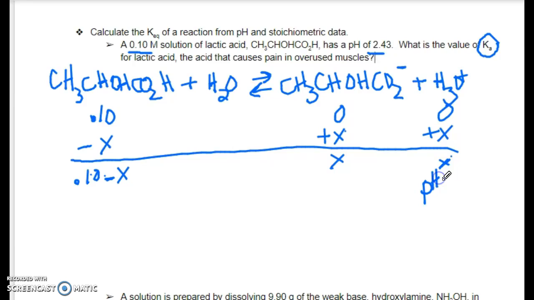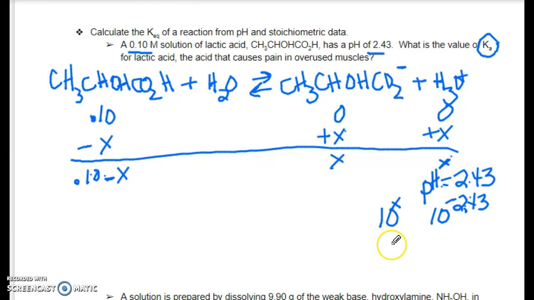So if the pH is 2.43, and pH is the negative log, if you look on your calculator, you'll see that 10 to the x is the inverse of your log function. So you're going to take 10, because it's a negative log, to the negative 2.43 power.